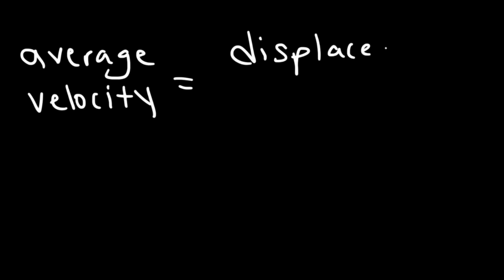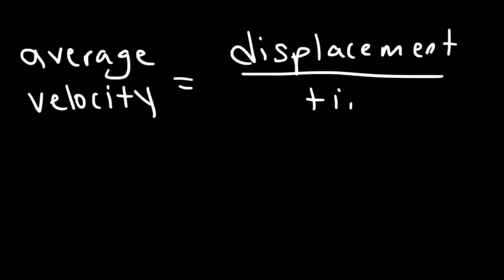Now what about average velocity? Let's say if we wish to calculate average velocity, how can we do so? Average velocity is equal to displacement divided by the total time. So in this case, the formula looks the same.